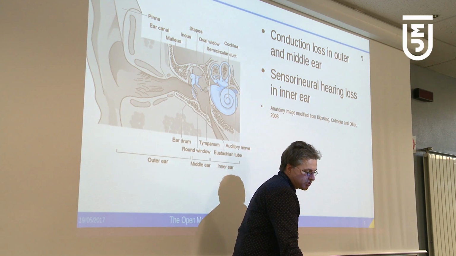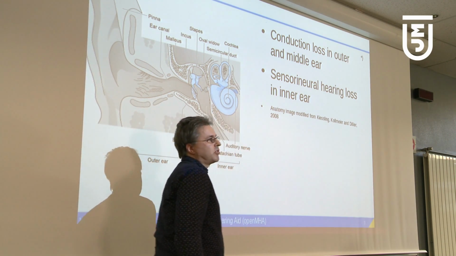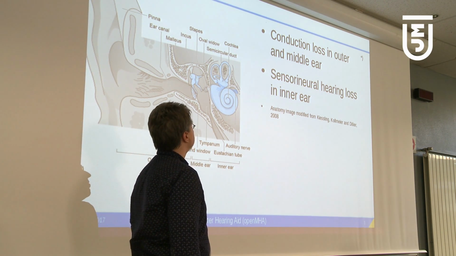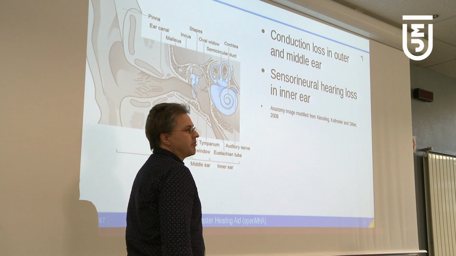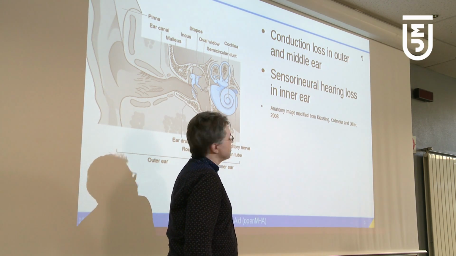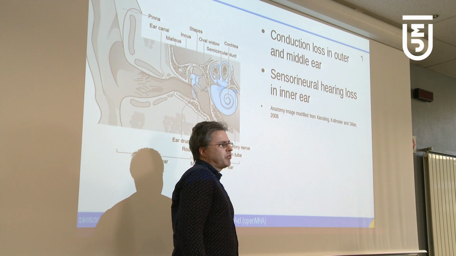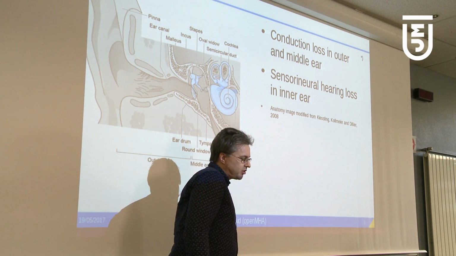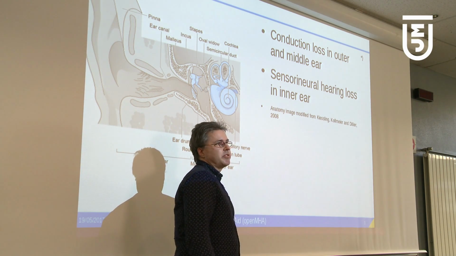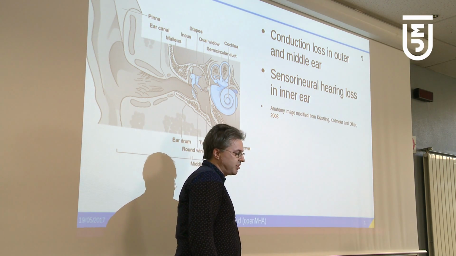So then you have a conduction loss. But far more frequent is the so-called sensory neural hearing loss in the inner ear, which means damages to hair cells here in the inner ear. More than 2/3 of the population will develop sensory neural hearing loss at some part of their life. Hearing loss is generally related with age.